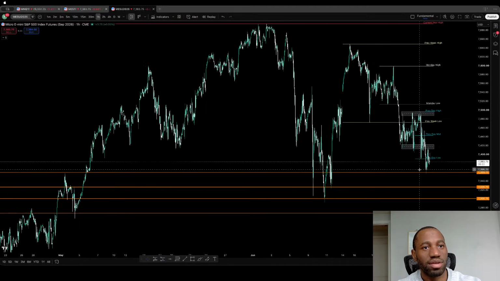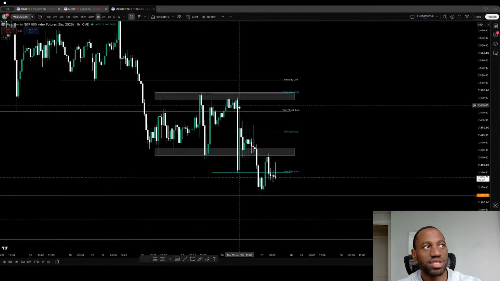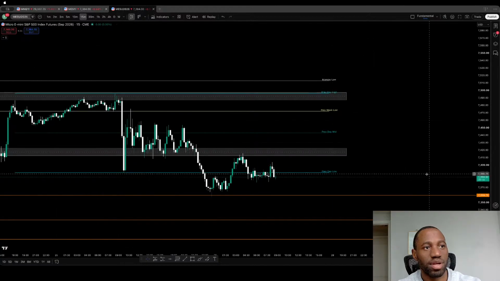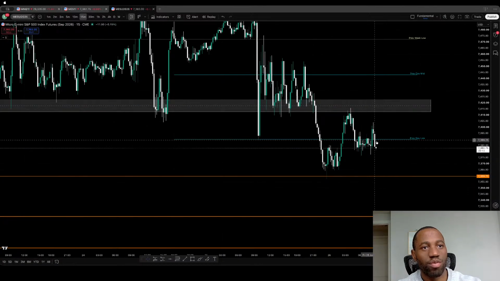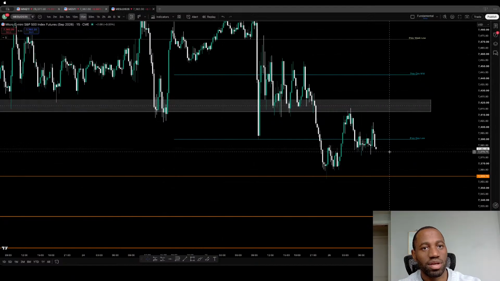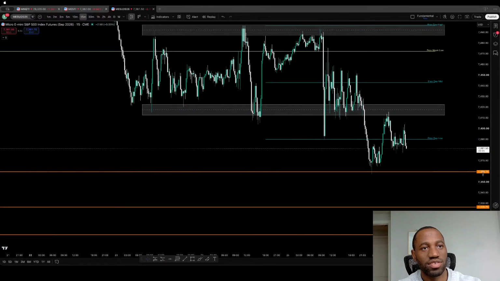So again, I would definitely be watching to see if the ES, let's go back on our 15-minute, is going to see more volume and more momentum pushing it down underneath the previous day low. The longer it trades underneath the previous day low, the higher probability this is going to be a down day for the ES.